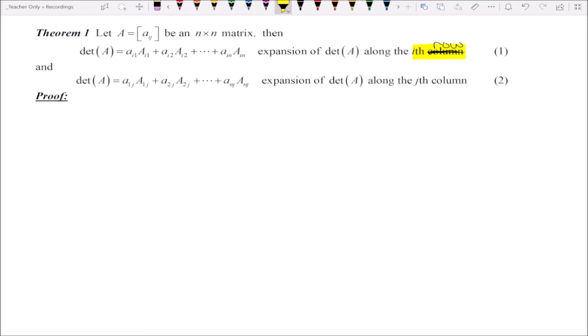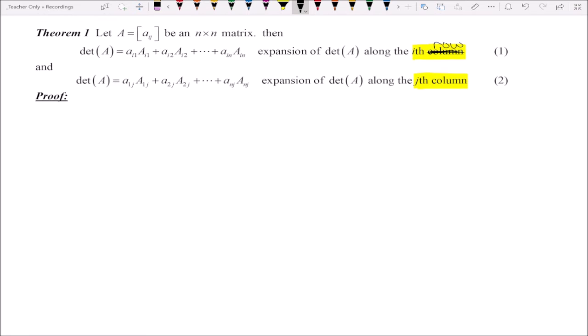And this is the expansion along the jth column. So it doesn't matter what row or what column. When you have a matrix, choose any row or any column and do cofactor expansion along that. Doesn't matter how you pick it, you'll get the same determinant.